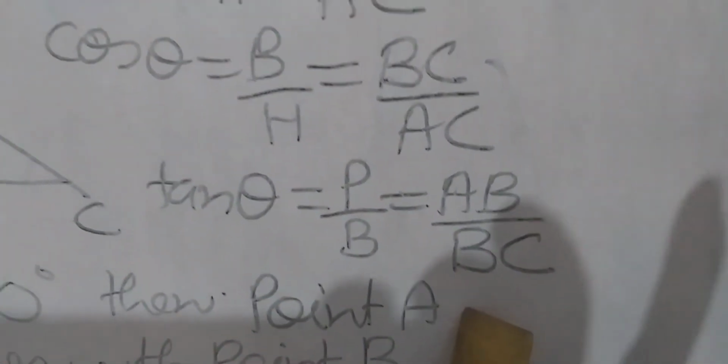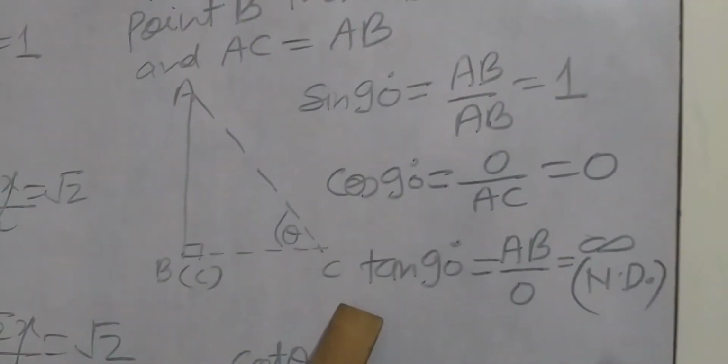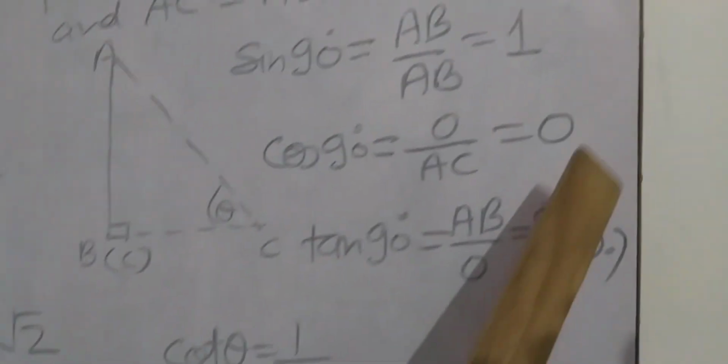Cos 90 is 0. Now students, tan theta equals AB upon BC. BC is 0. So tan 90 equals AB upon 0, means not defined.